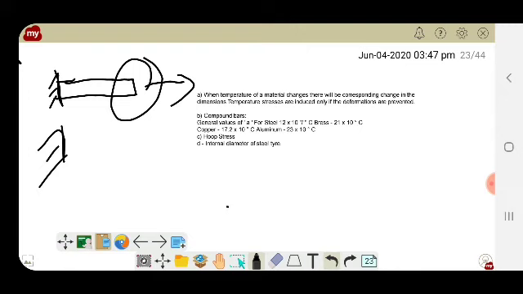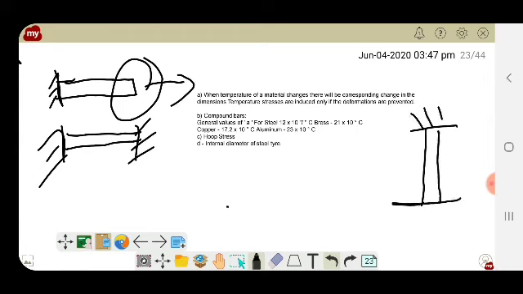Due to self weight, some force is applied and it is free to elongate. If we fix both ends, it is not free to elongate. In that case, some stress is induced.